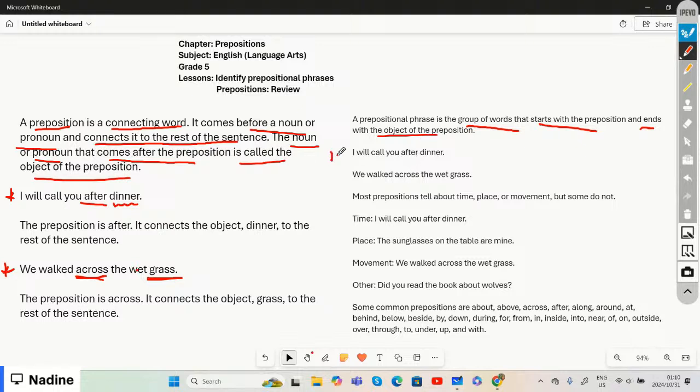If we look at an example, it says, I will call you after dinner. If we were to choose the prepositional phrase, we said it starts with the preposition and ends with the object of preposition, which means after dinner is our prepositional phrase.